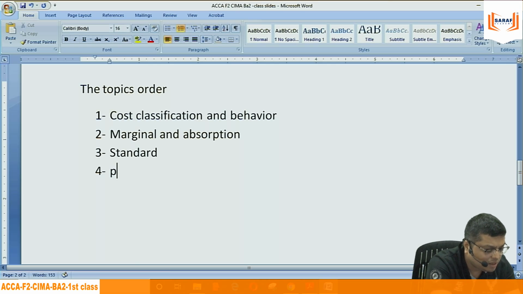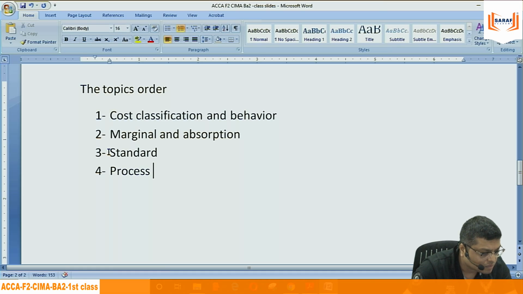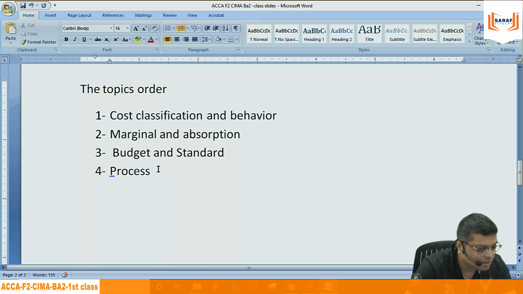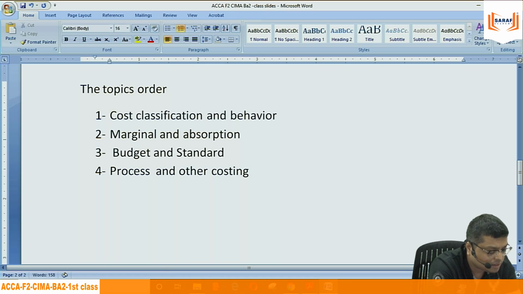Then we will be doing process and budgeting. Budget and standard. Then process and other costing systems.